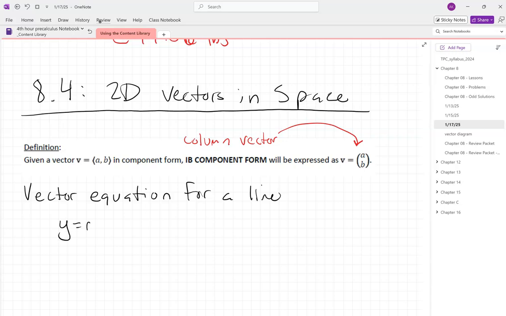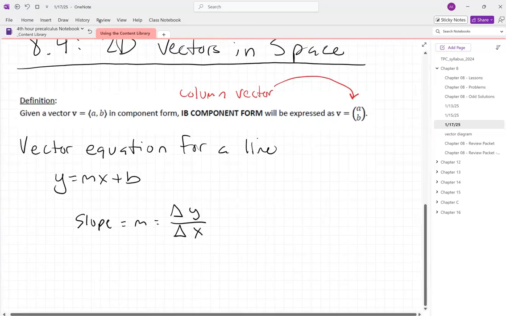So back when you guys talked about equations for lines, we typically used y equals mx plus b, right? Where our m was the slope. And the way we calculated slope, it was like the change in y coordinates over the change in x coordinates, right?